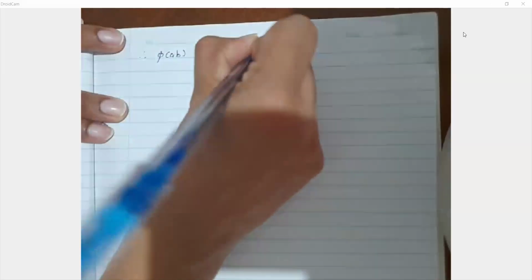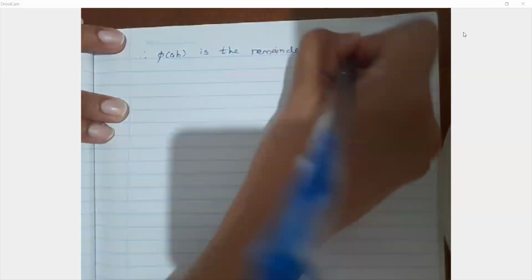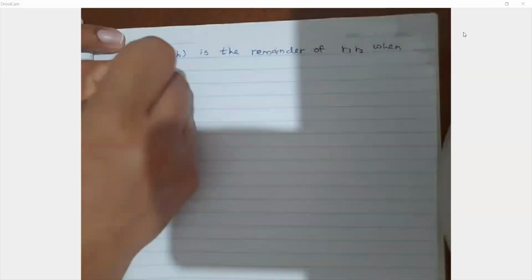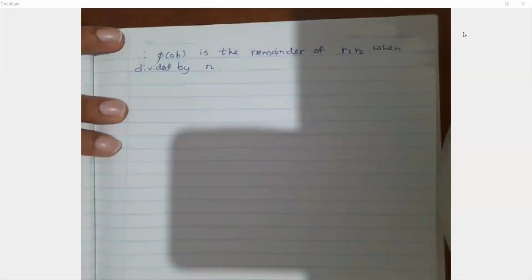So let me write it. Therefore, phi of AB is simply the remainder of r1 r2 when divided by n.